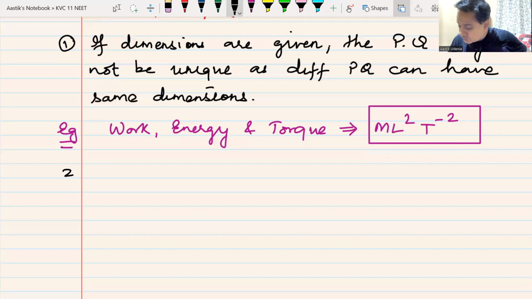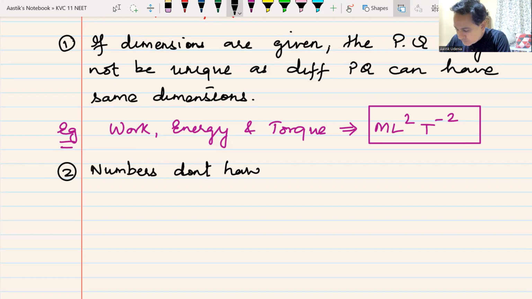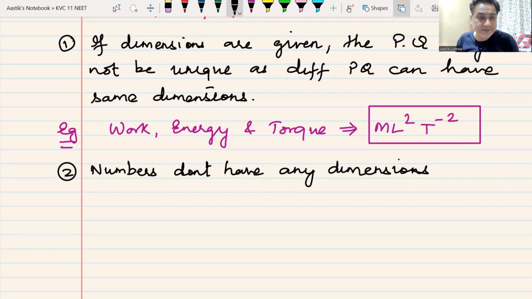Let me move on to number two. Numbers do not have any dimension.